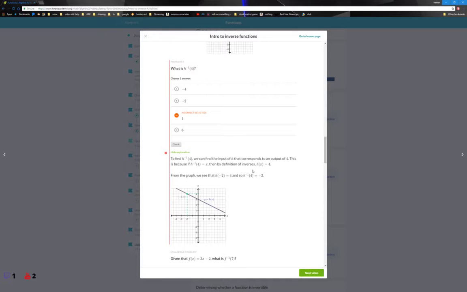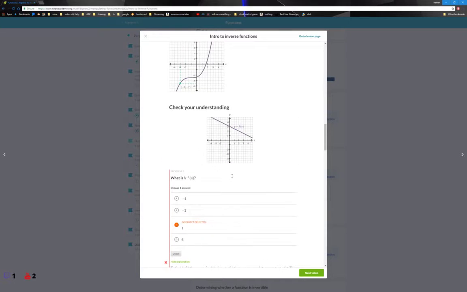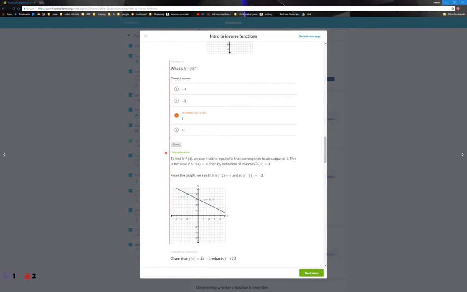to an output of 4. This is because if h inverse of 4 equals x, then by definition h of x equals 4. From the graph, we can see that h of negative 2 equals 4. So what we need to find is h of x equals 4.